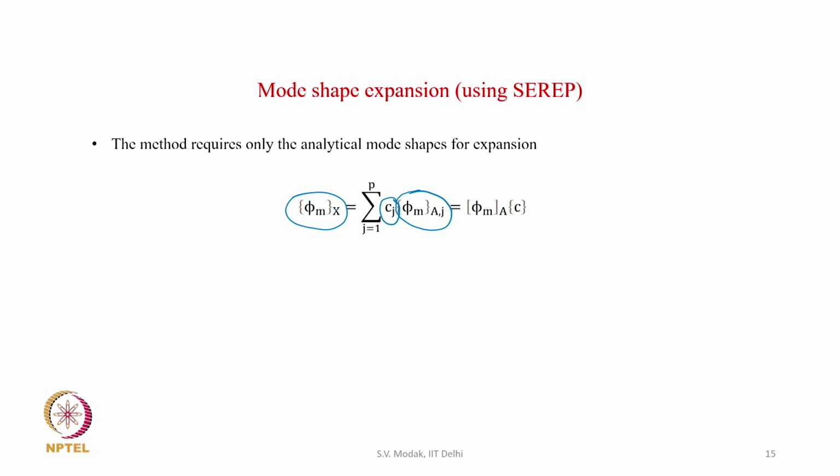This equation is therefore phi mx equals matrix phi ma into C. Vector C is the vector of coefficients which indicate the way the different FE model mode shapes are combined linearly in order to obtain the experimental mode shape.